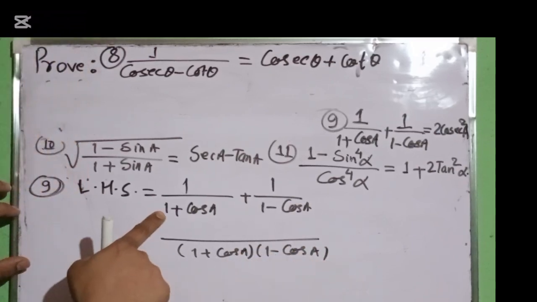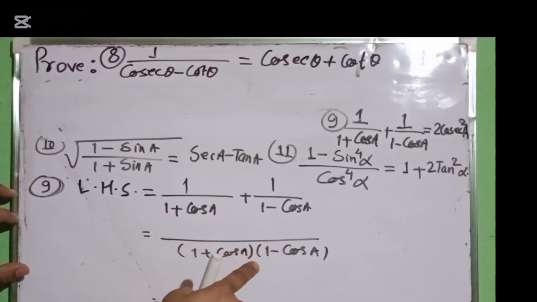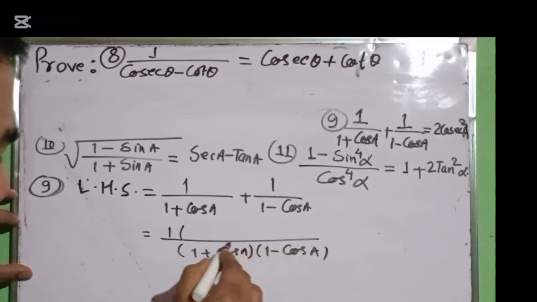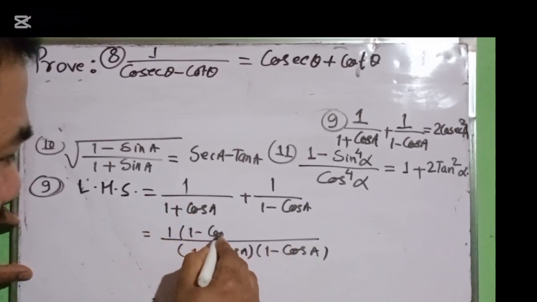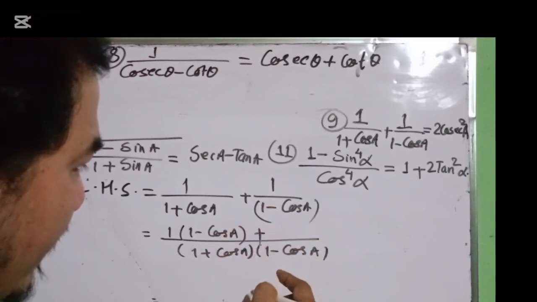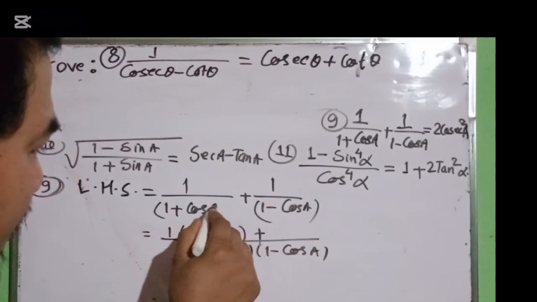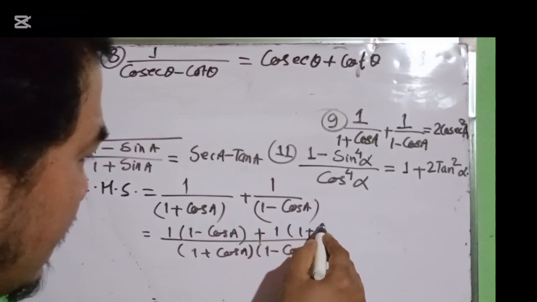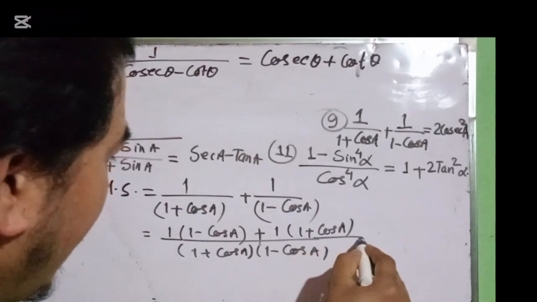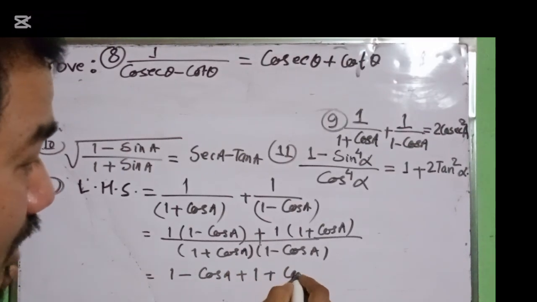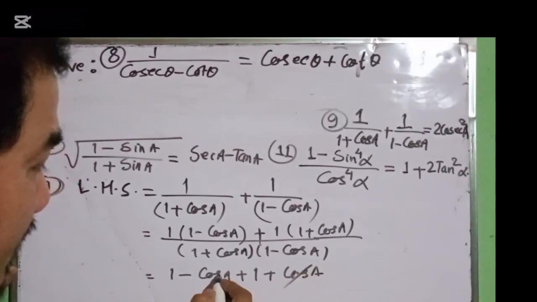As you know, the denominator 1 plus cos a divides with the LCM, so this and this cancel, and what remains is 1 minus cos a, plus, for the other term, the denominator 1 minus cos a cancels, and 1 plus cos a remains. Now remove the bracket: 1 minus cos a plus 1 plus cos a, the plus cos a and minus cos a cancel.